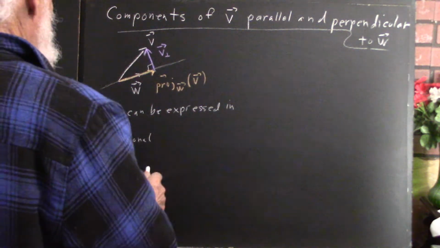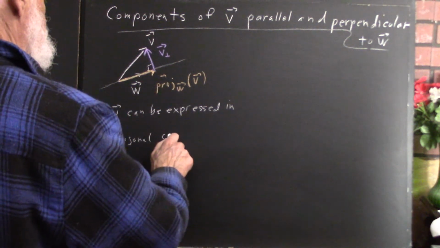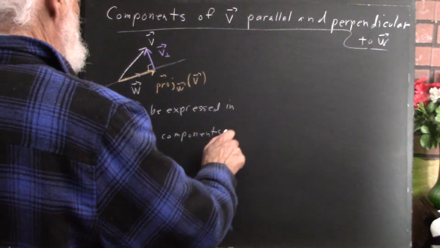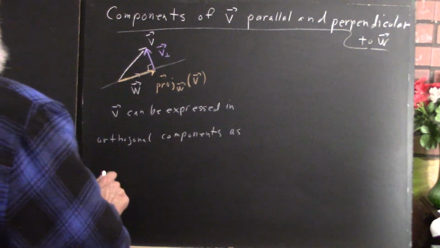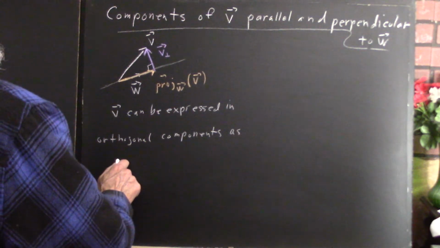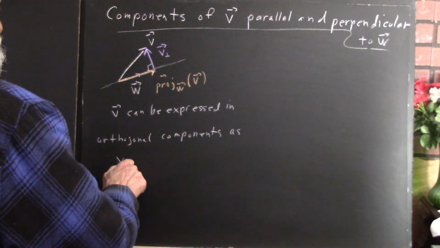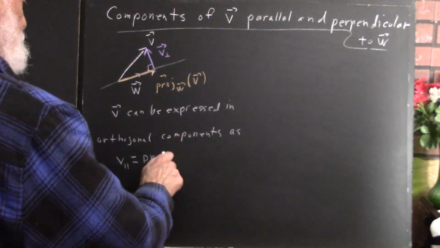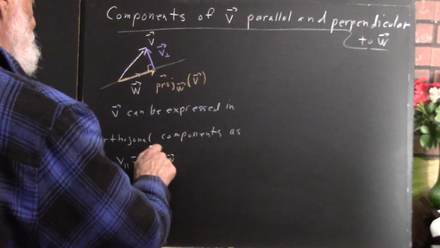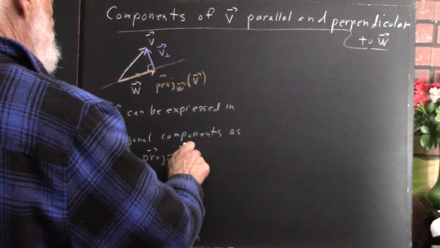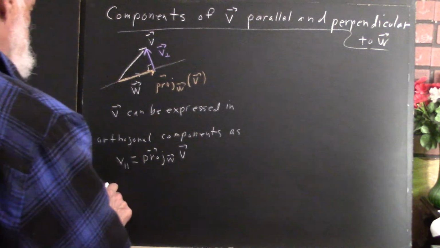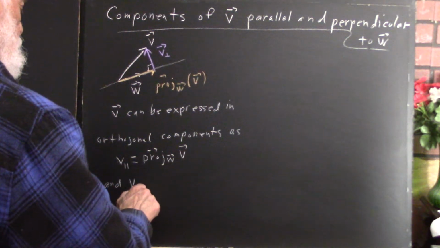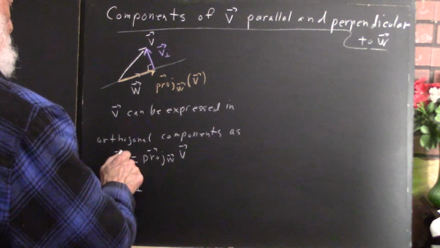V can be expressed in orthogonal components as V parallel, which equals the projection of V on W, and V perpendicular, or orthogonal.